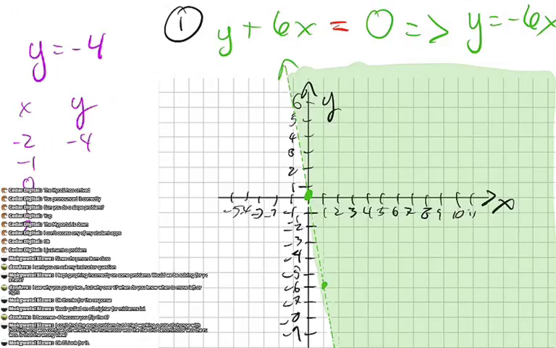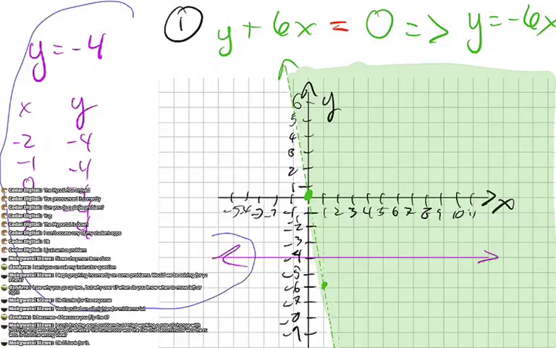So when x is -2, y is -4. If you plot these points, you'll get a horizontal line through y equals -4. No matter what x you choose on this line, y is always -4. Okay, so hopefully that's okay.